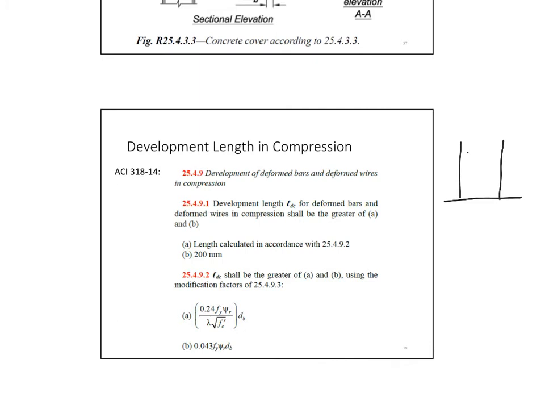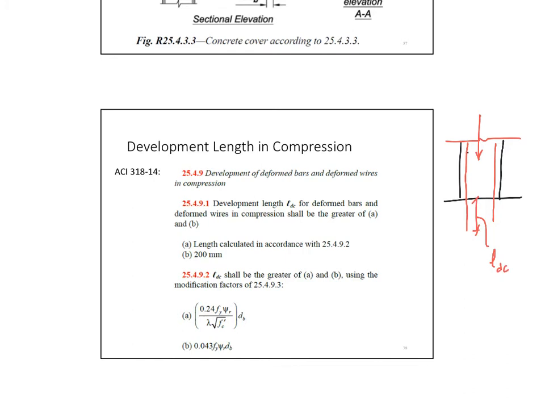Those compression bars subjected to some tension here, some compression here, they need to be developed. We cannot just rely on bearing. So that development length, we call it LDC, LD in compression.